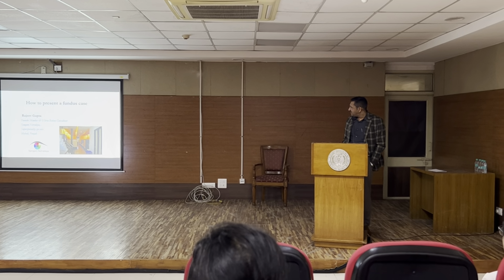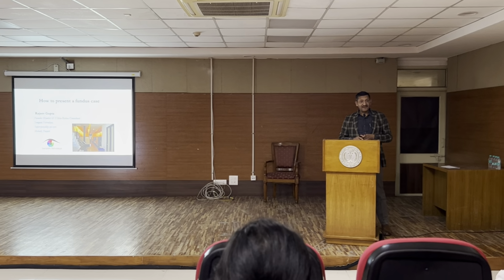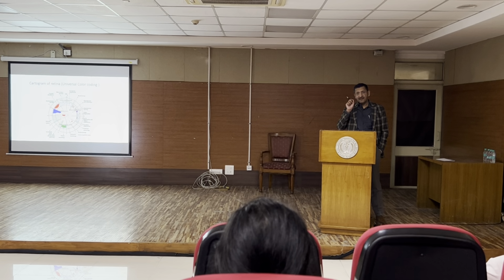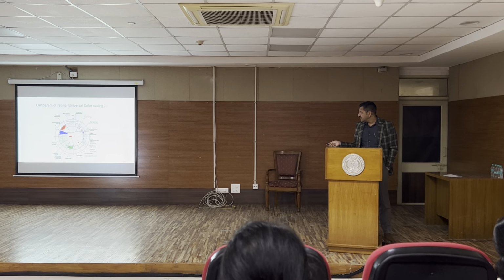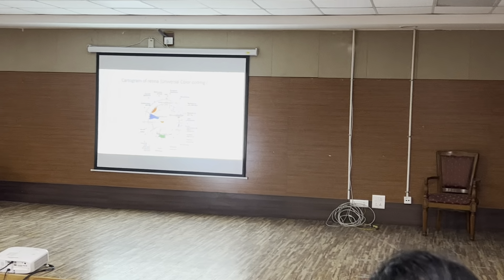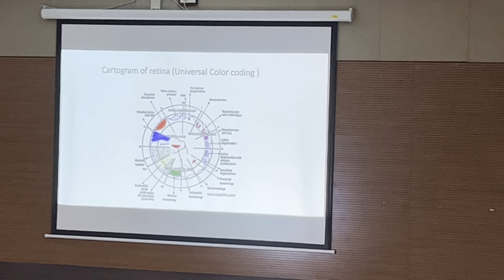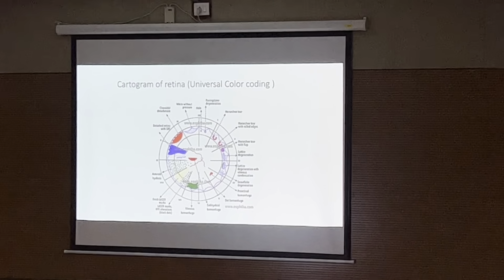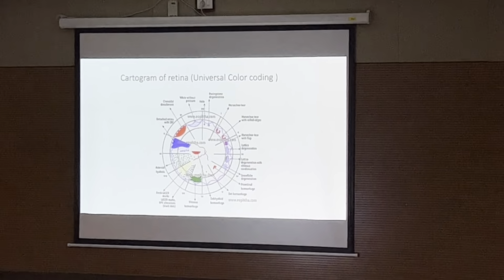So let us start with my first presentation, that is how to present a Fundus case. Whenever you examine a case and then you have to draw the findings, you have to use cartogram, that is universal color coding. It was already pasted there in the wet lab area. These are the diagrams which are universally accepted. These are the color codings: red for hemorrhages, green for old vitreous hemorrhage, blue outline for detachment, blue outline for tears.